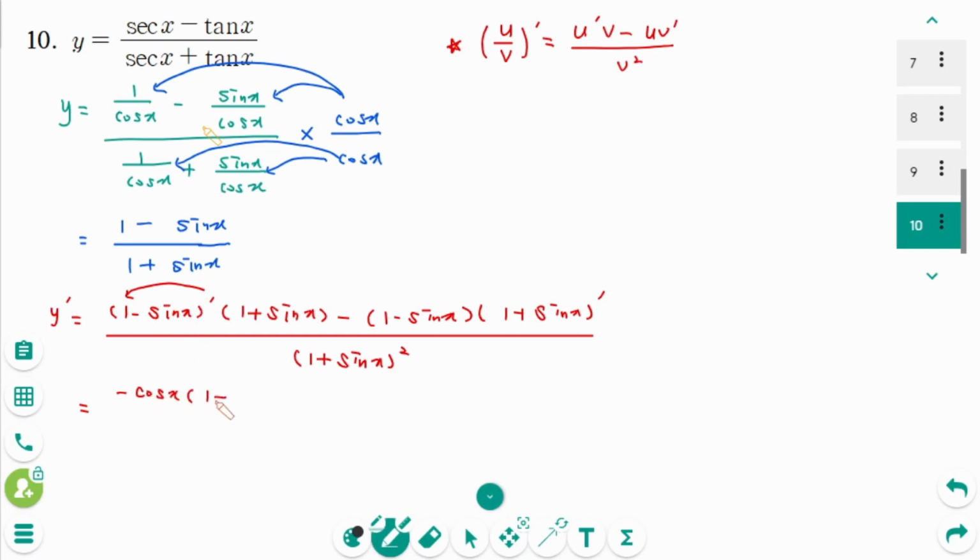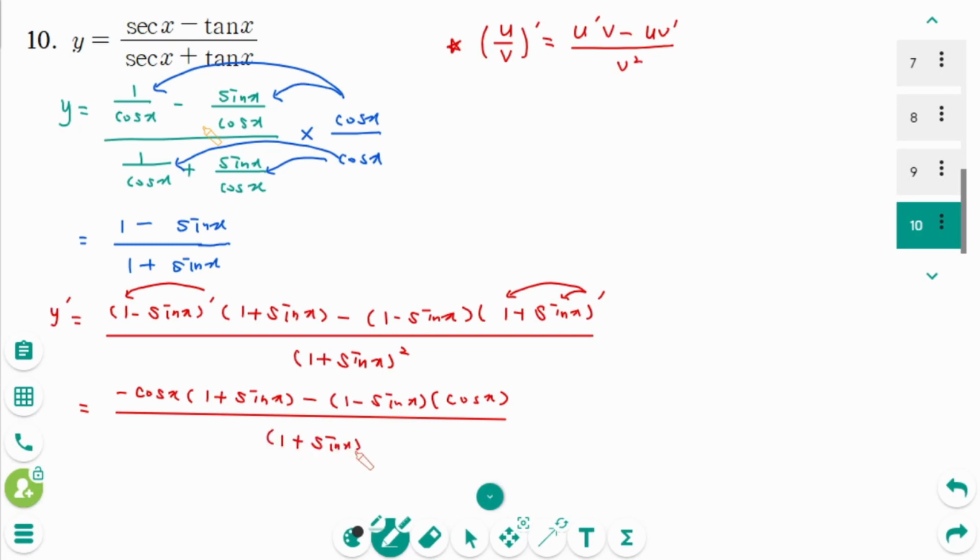Then keep the second one. Minus 1 minus sine x times 1 prime equals 0, then sine prime equals cosine x, over 1 plus sine x squared.